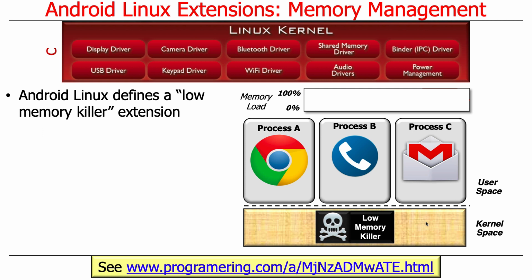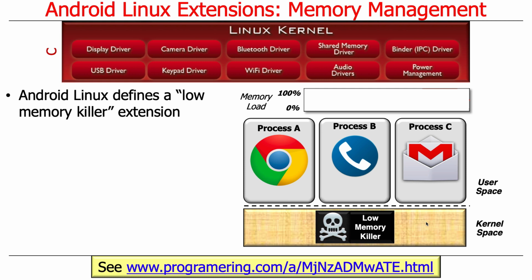Instead, when they're starting to run low on memory, rather than having the app transparently written back to secondary memory, they define something in Android Linux called the low memory killer. And the low memory killer is a device driver that runs in the Android Linux kernel.